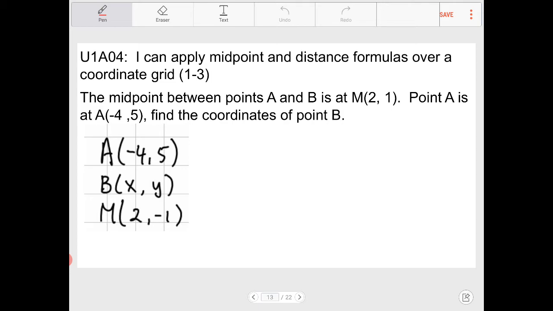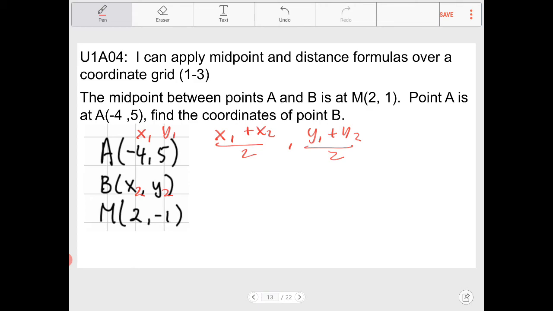Well, the way that I find most useful here, in an algebraic sense, you can certainly try to solve this using the formula x1 plus x2 over 2, y1 plus y2 over 2. And because we're trying to look for this, I'm going to call this my x2 and y2, and I'm going to call this my x1 and y1.